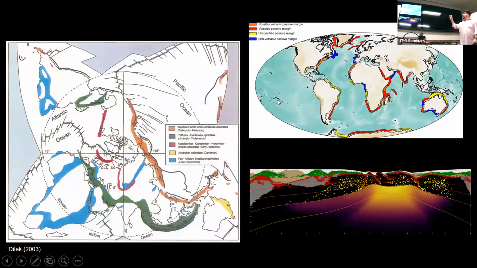All right, so this talk is going to be in 3 different segments. I'm going to follow the 3 different ways that I'm investigating this problem. One is to look at where you have fossilized rifted margins that are preserved near the surface during continental collision. So here in green, you have the Alpine Tethys belt, where the Tethys Ocean has closed.